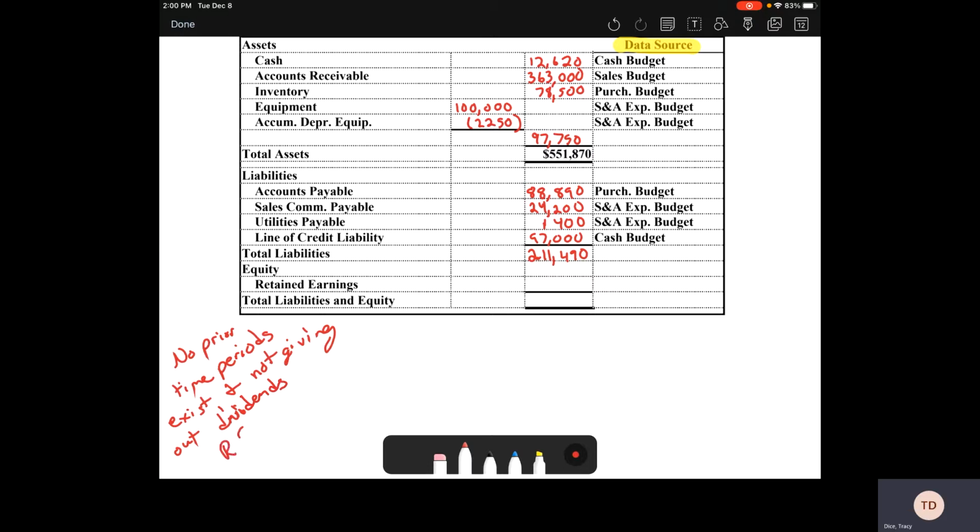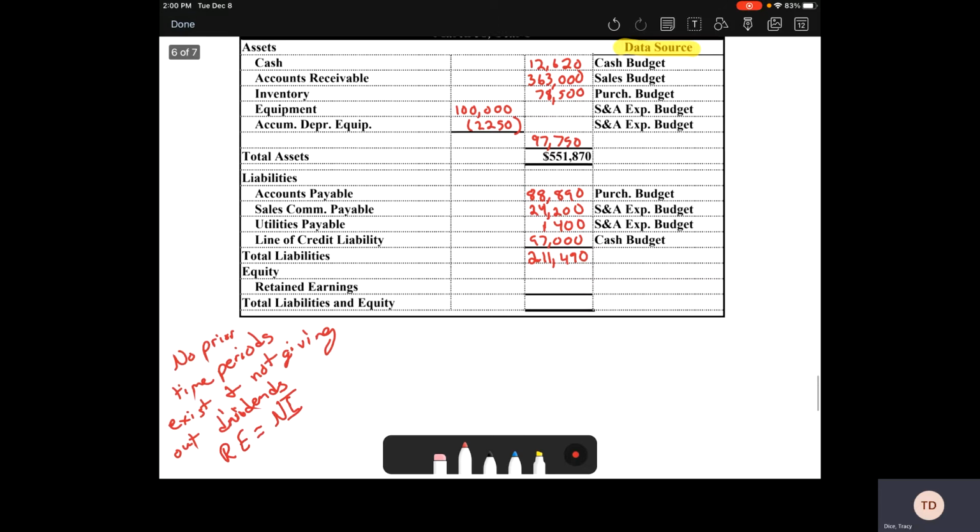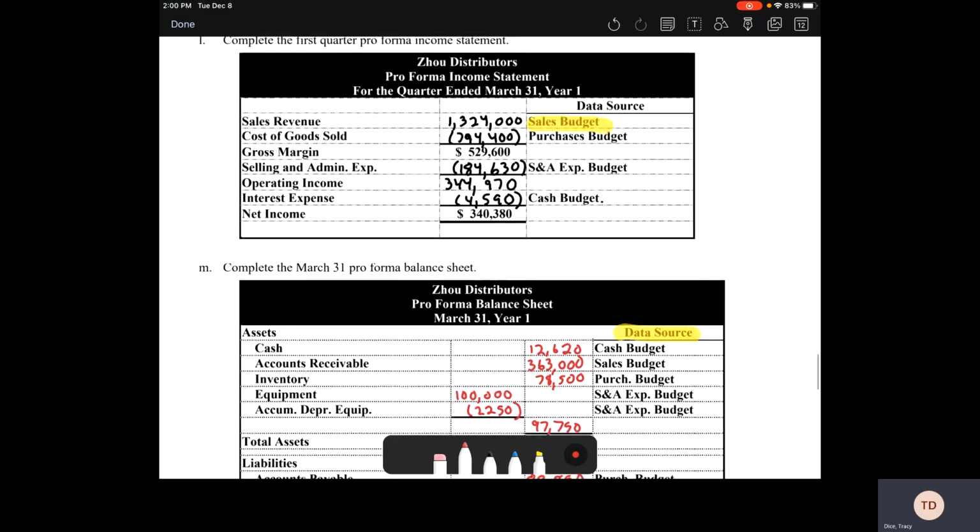So our retained earnings equals our net income, which we can take from our pro forma income statement. So 340,380.